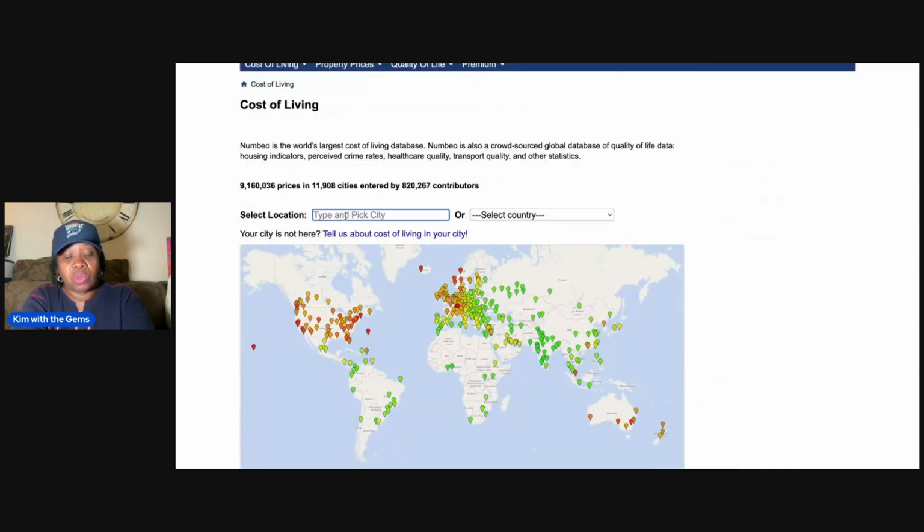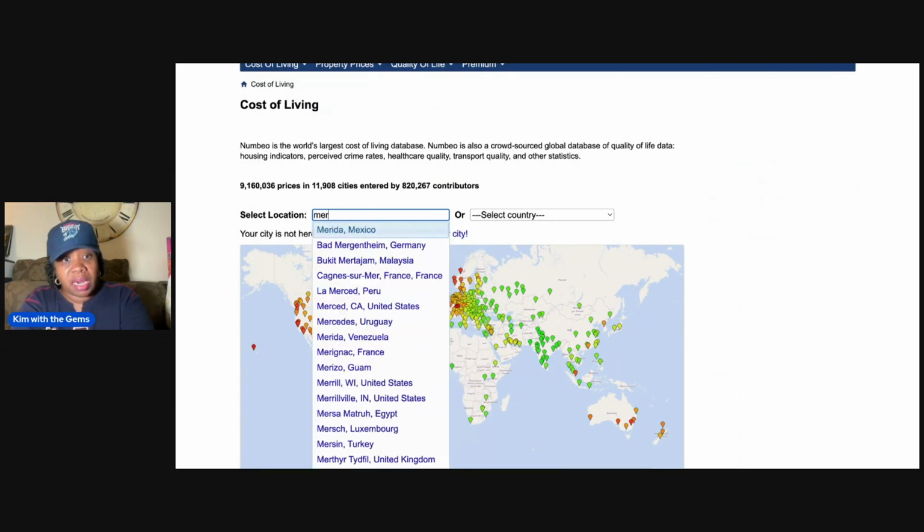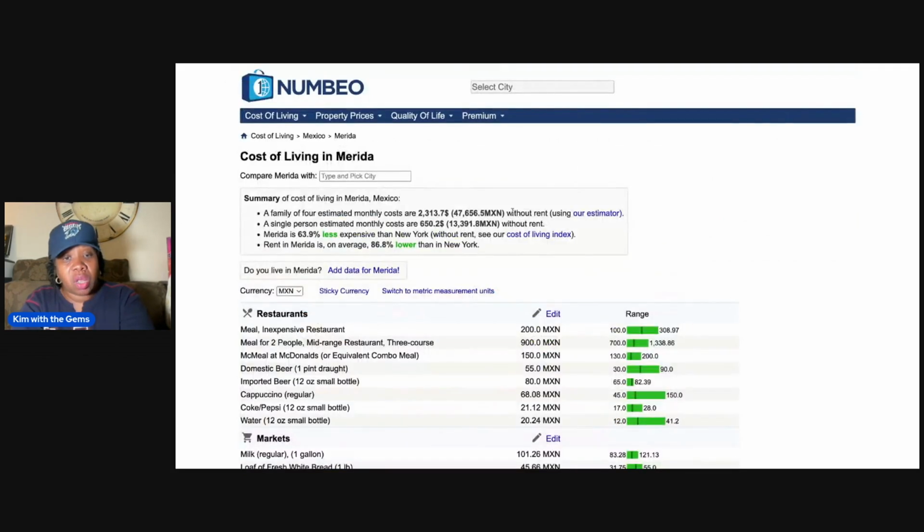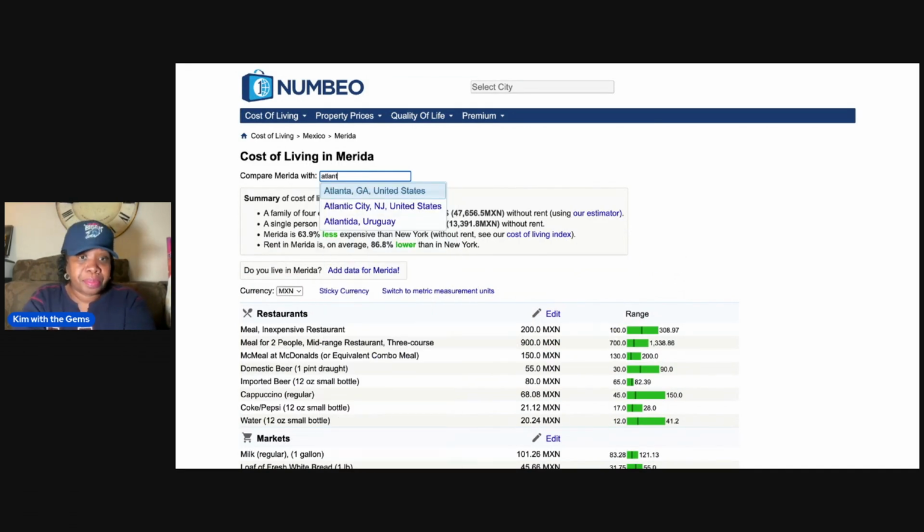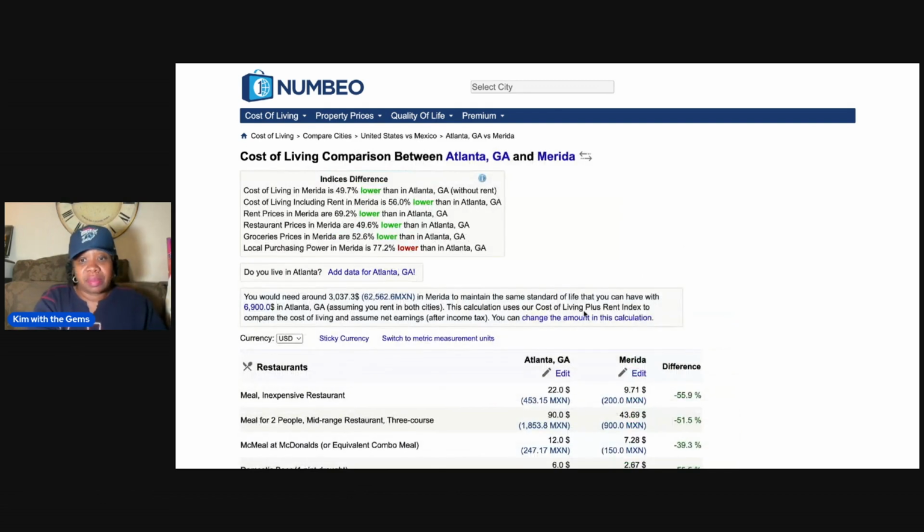So let's do Merida, Mexico, and we're going to compare it with, let's do Atlanta. A lot of people are in Atlanta.